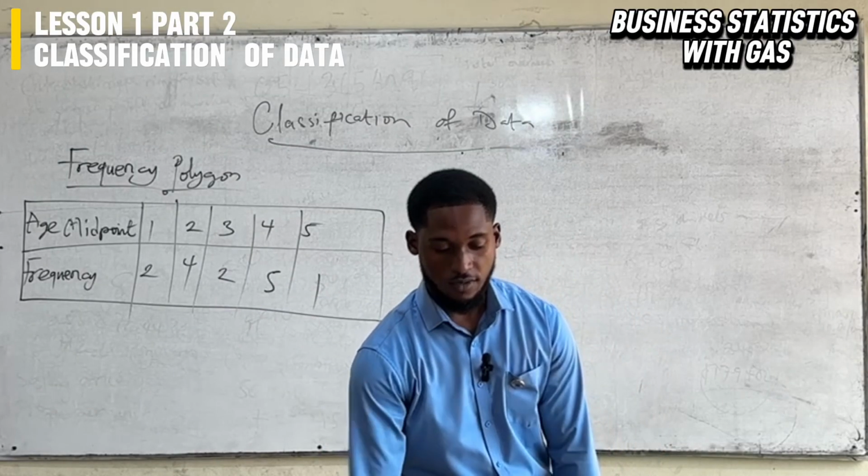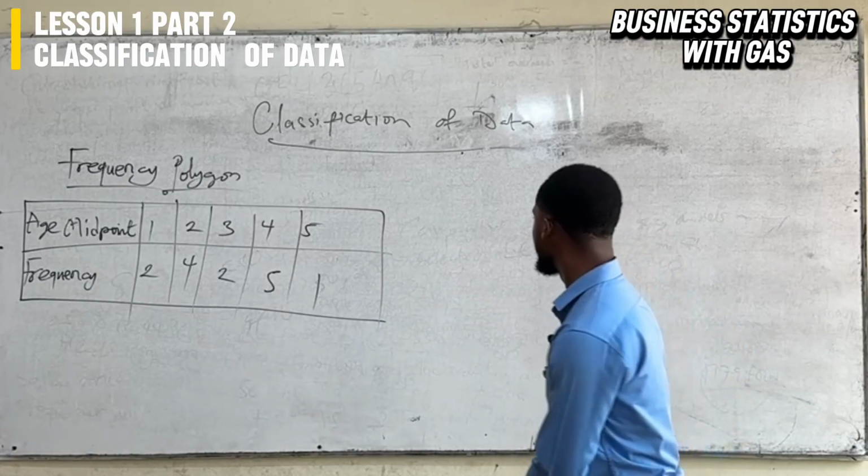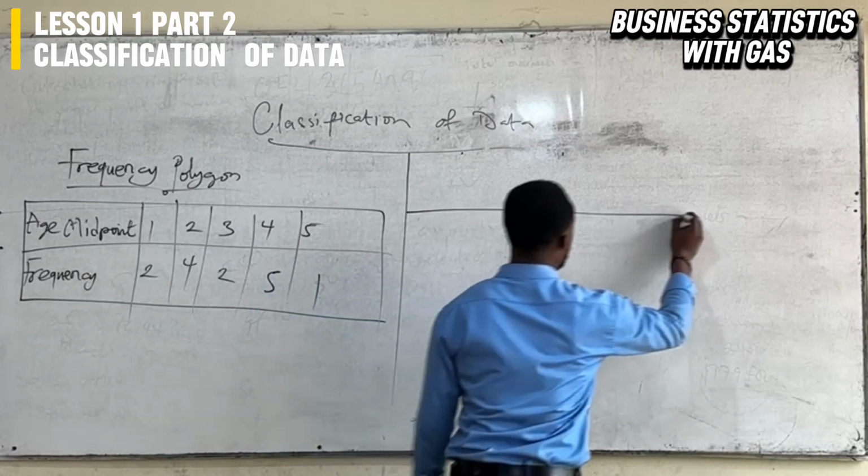So now, first of all, you will have to draw your table and find your class boundary. So now, let's draw the table.